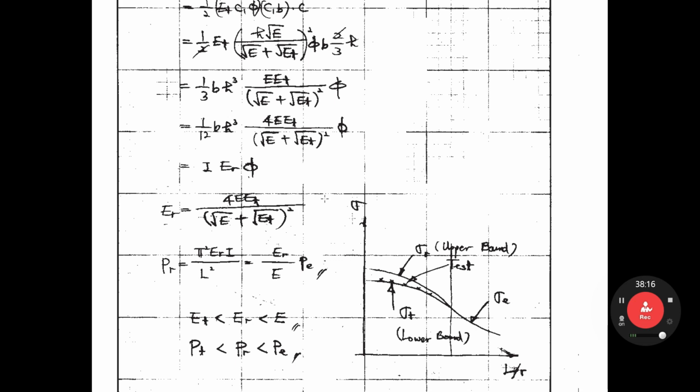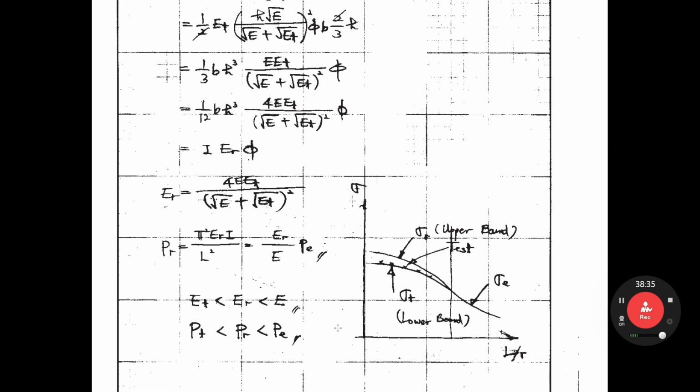If we consider some H section, it might be more complicated when you consider both flange and web. For the rectangular section, we can draw the curve. This is sigma versus L over R. We can draw the curve. Then that is sigma_T, sigma_R up to here. Sigma_R and sigma_T are equal for an inelastic column, right?